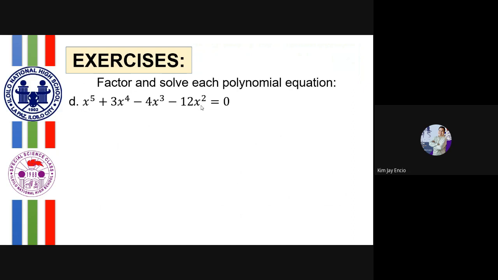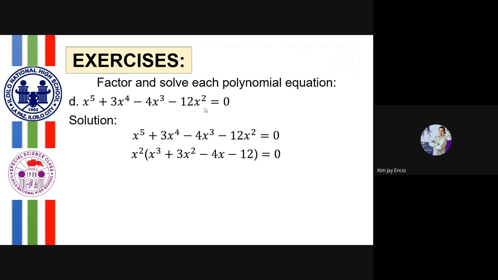We know that the degree is 5, so we are expecting 5 roots. And each term here has a variable. And if there is a variable, then it is important that you factor out the GCF.